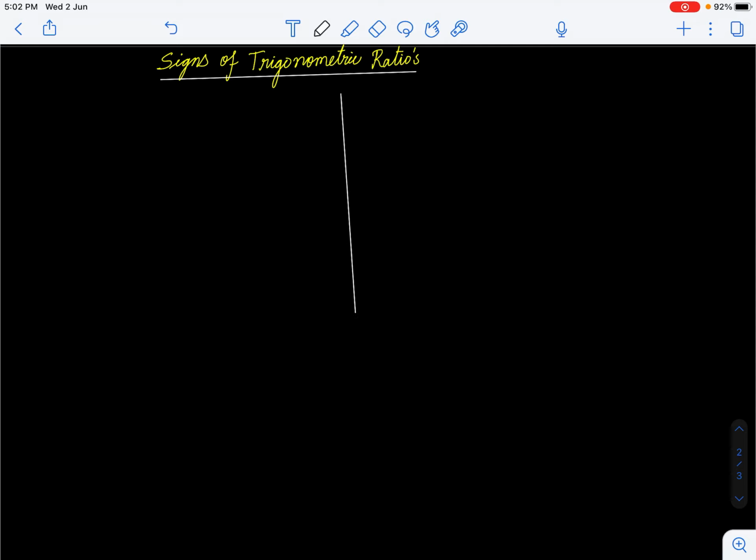So let's first draw four quadrants. Now I am assuming you know about the quadrants. Even if you don't, it's very easy. This is my coordinate axis. This is the first quadrant.